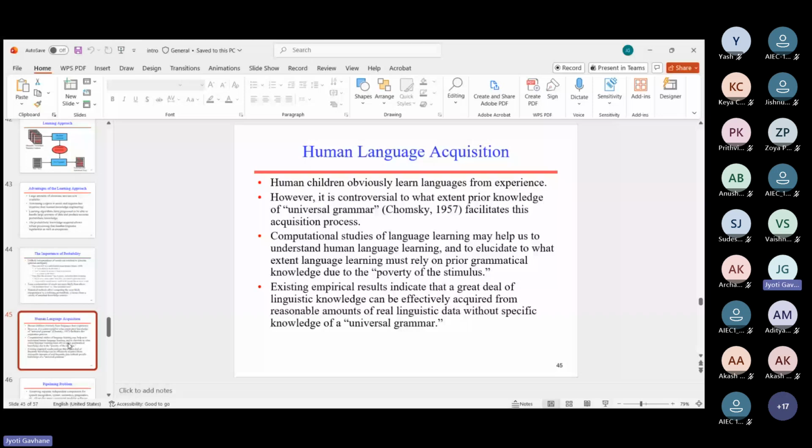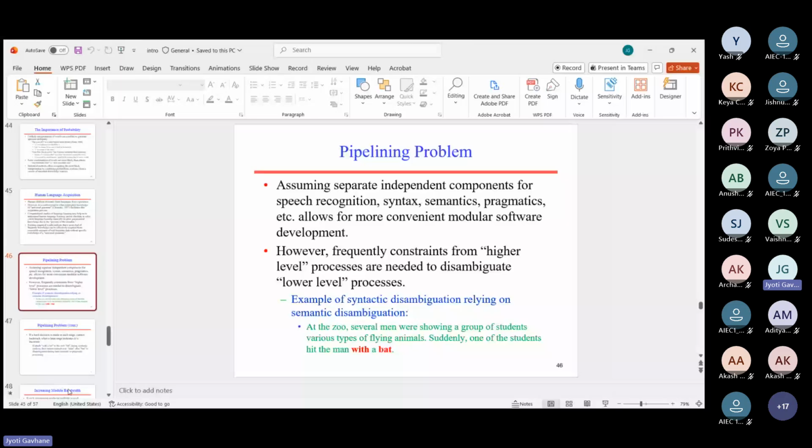Existing empirical research indicates that a great deal of linguistic knowledge can be effectively acquired from reasonable amounts of real linguistic data without specific knowledge of a universal grammar. So I must know the grammar if I want to interpret the language. Now the pipelining problem.